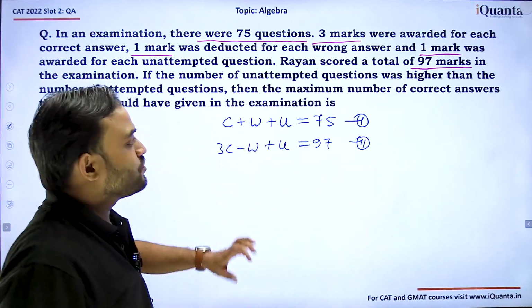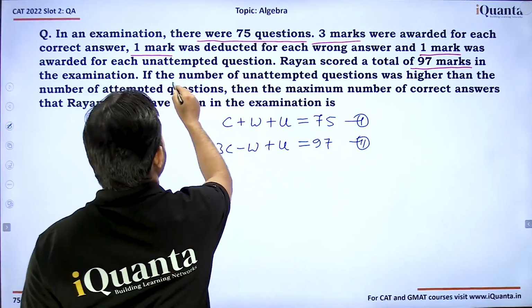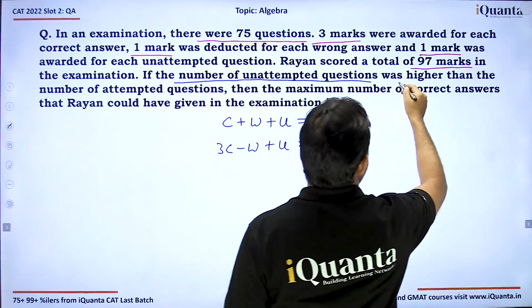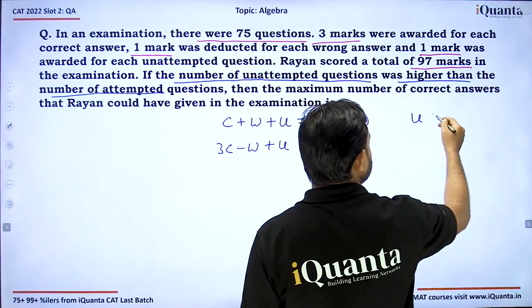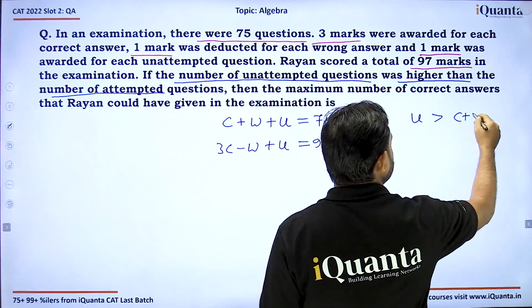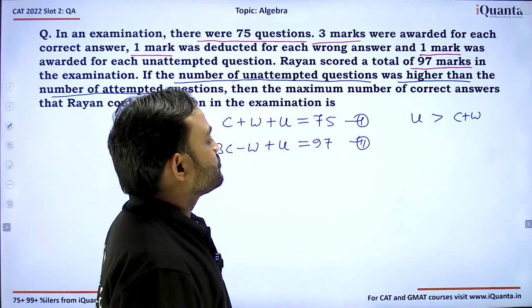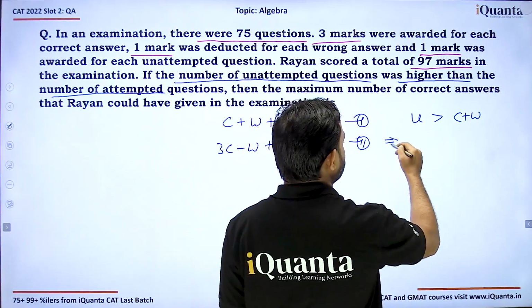Other than these two, we have also been given that the number of unattempted questions, which is U, was higher than the number of attempted questions. So U is greater than the number of attempted questions, meaning correct and wrong questions. So U is greater than C plus W. Now we can add U on both sides.